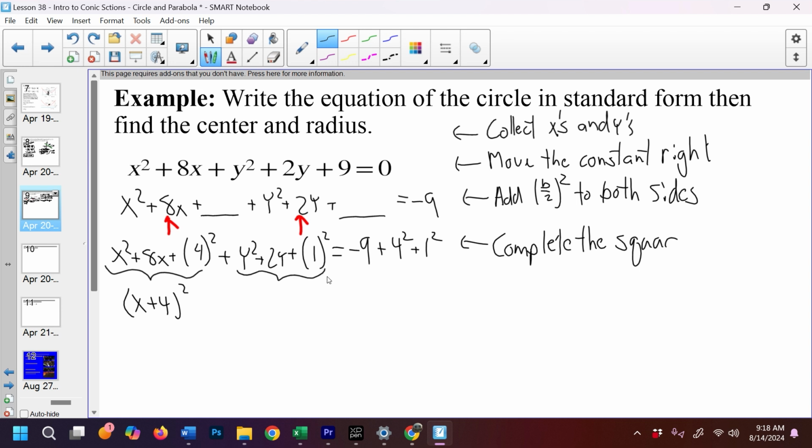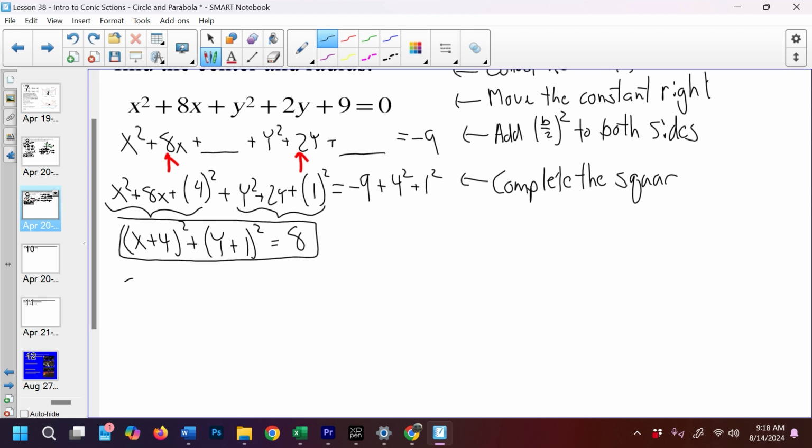This is now a perfect square binomial which we can write as (y plus 1) squared. And so I'm just bringing down these two numbers. That's why I didn't write 16 here and I didn't write 1 there. On the right hand side, I've got negative 9 plus 16 is positive 7, plus 1 squared is 8. And so this right here is my standard form.